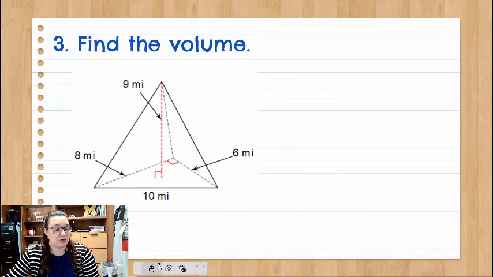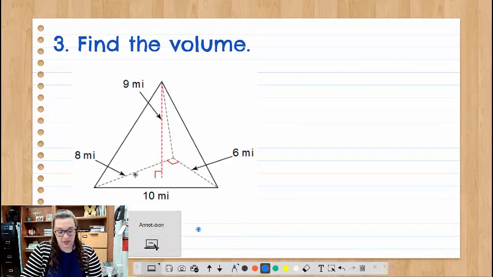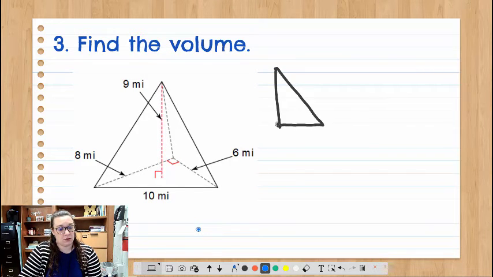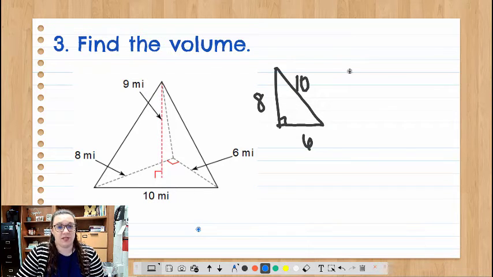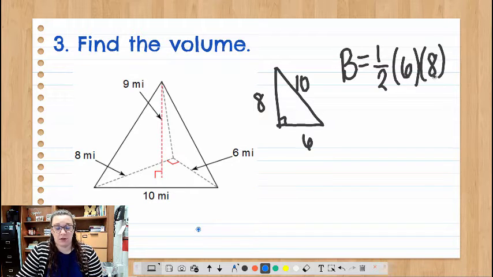This one is a triangular pyramid. The base is a triangle. It's a right triangle, by the way, I can tell because it's got the marking there, so I'm going to draw that out. This is a 6, and this one says 8, so 6 and 8. And then the hypotenuse is 10. I don't need it, but I'll write it just so we can see the full picture. Area of the base is 1/2 base times height, so 1/2 times 6 times 8, which is 24.